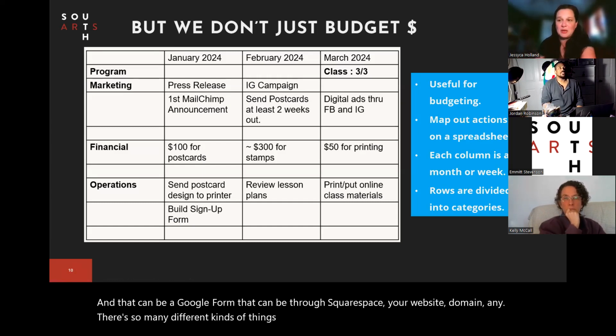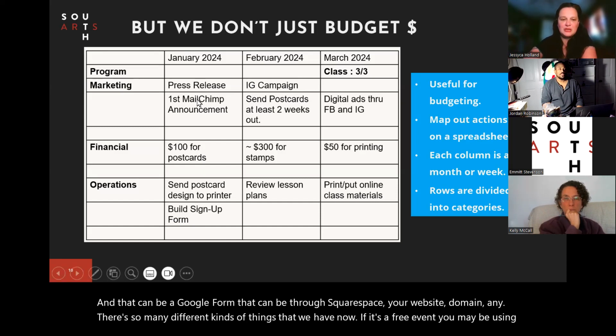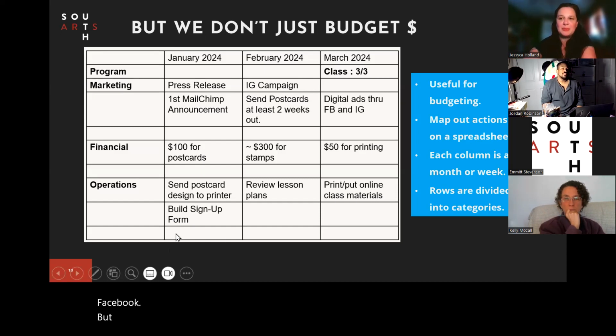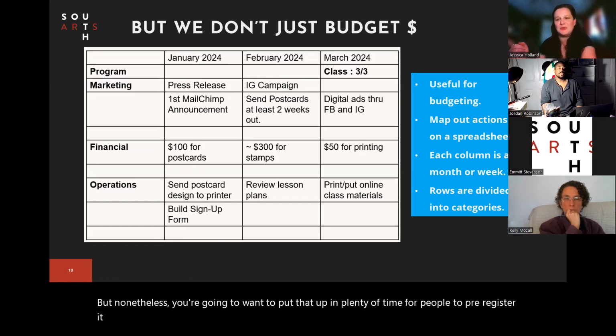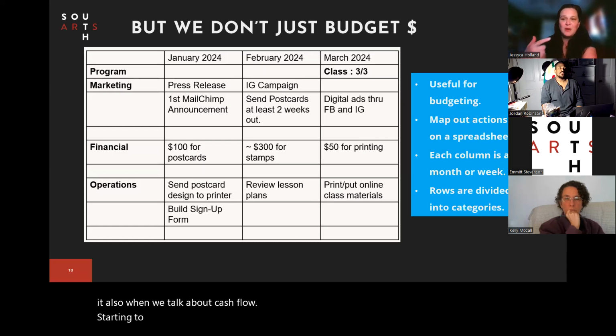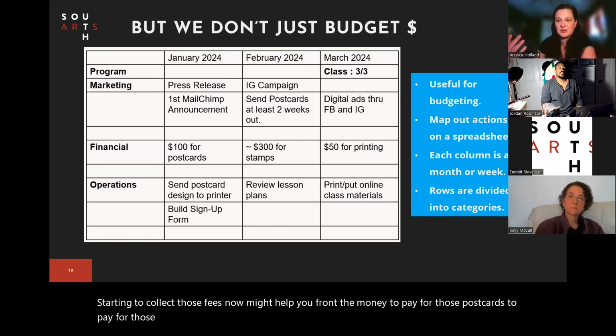If it's a free event, you may be using Facebook. But nonetheless, you're going to want to put that up in plenty of time for people to pre-register. It also, when we talk about cash flow, starting to collect those fees now might help you front the money to pay for those postcards, those stamps, and those other things that you'll need.